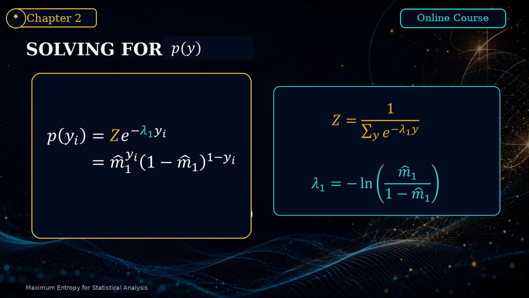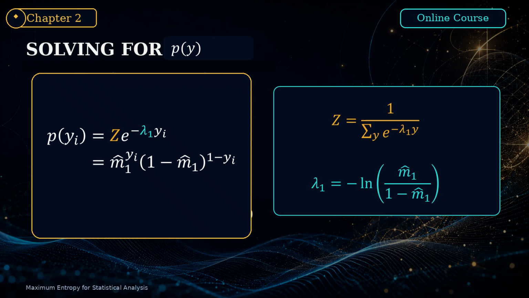now think about what we have. We have an expression for z and an expression for lambda 1. And so we can plug that into our intermediate form of the probability distribution, which was z times e to the negative lambda 1 yi. And I'm skipping steps, for the reasons that I just mentioned. You can certainly do them or look at them in the full online course.